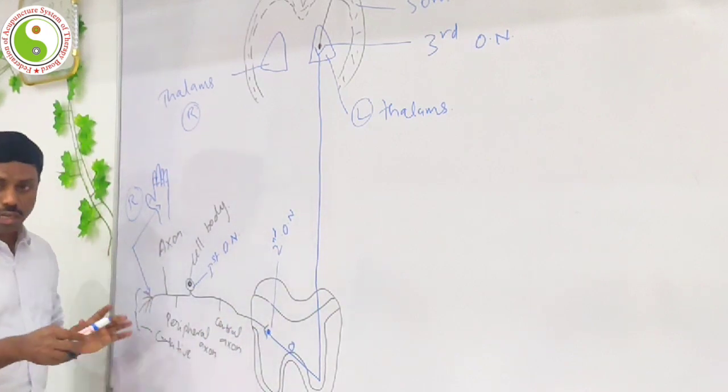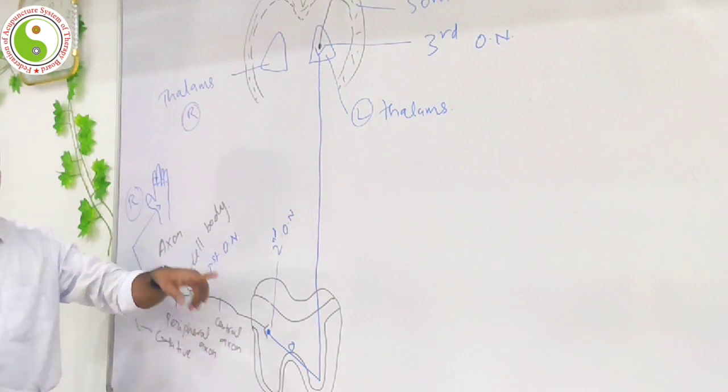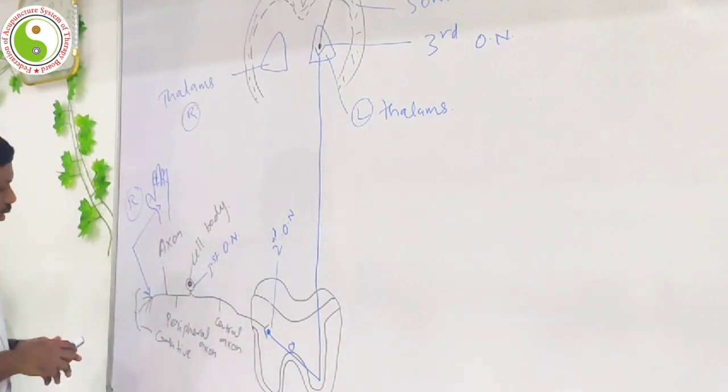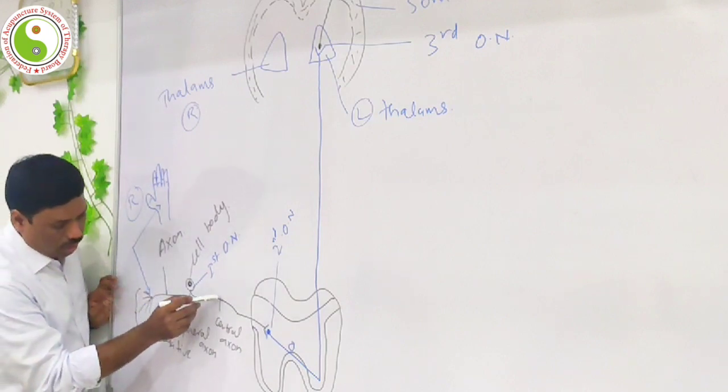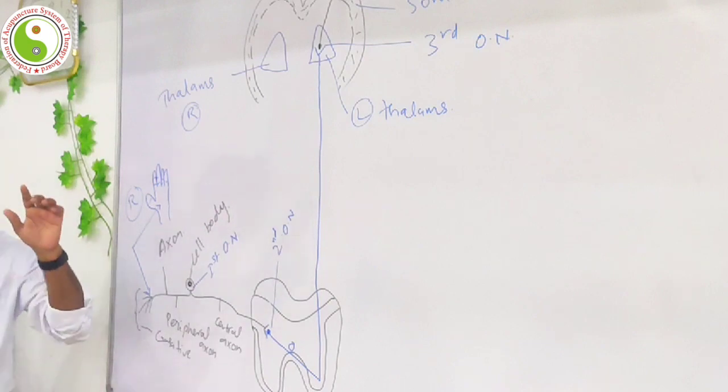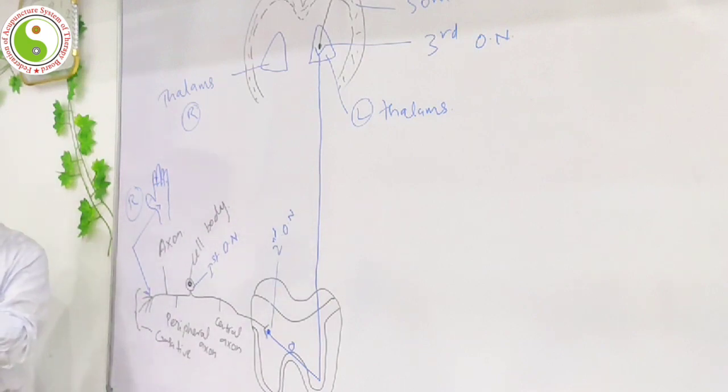In the spinal cord, the second order neuron exists, especially in the dorsal region of the spinal cord. From here, the first order neuron carries the pain impulses, communicating to the second order neuron. It passes through the synapses. Right? The neurotransmitter transfer takes place from one neuron to the other, from one junction to the other.